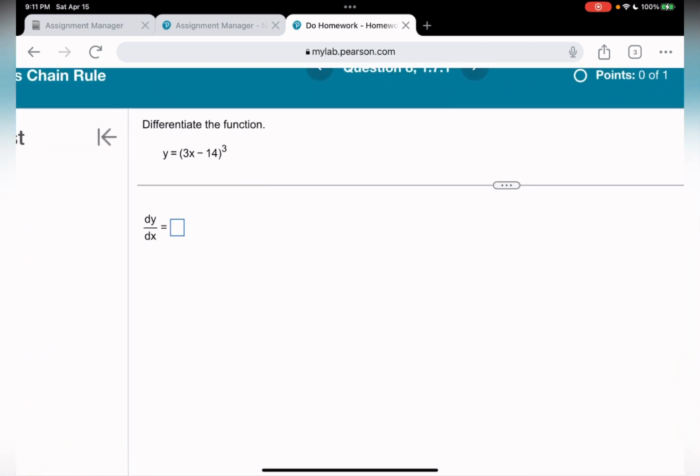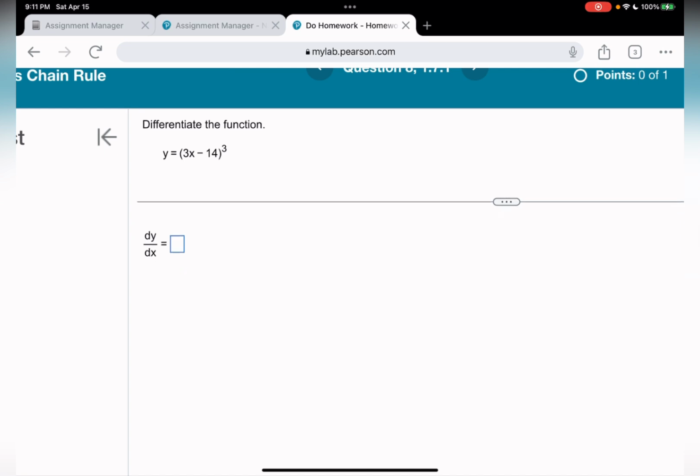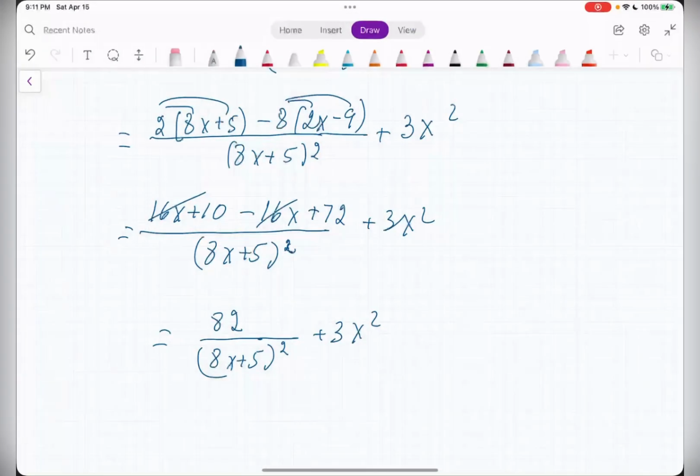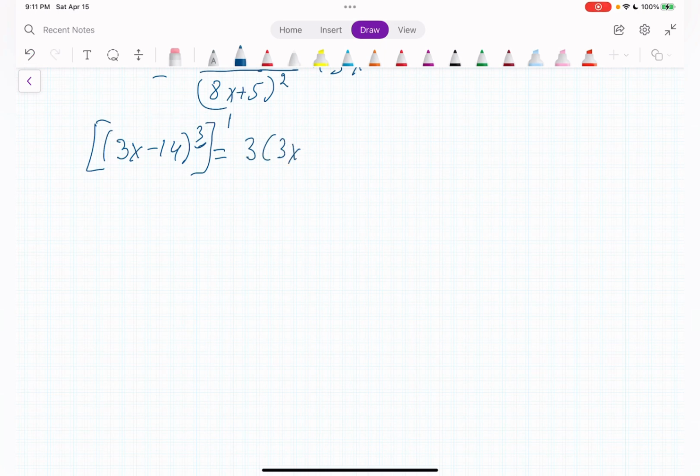We have 3x minus 14 cubed. We need to take the derivative. We are using the chain rule. So first we take the derivative of the outside power 3, and then get inside and take the derivative of 3x minus 14. So 3 comes in front: 3 times 3x minus 14, and then 3 minus 1 is 2.